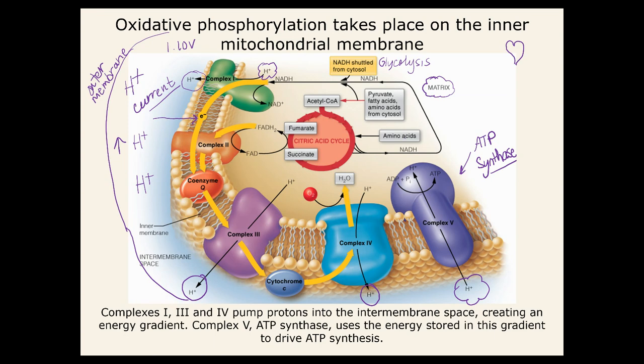Citric acid cycle occurs already in the matrix of the mitochondria. And interestingly enough, see the step of succinate to fumarate. That's a step in the citric acid cycle, and the enzyme involved in that step is actually part of complex 2. So complex 2 is part of the citric acid cycle.